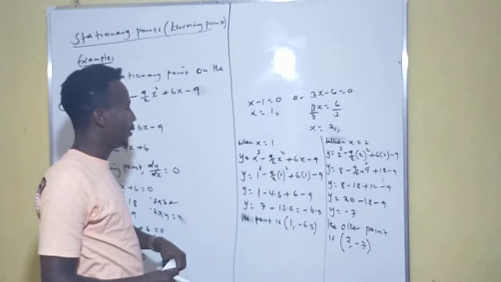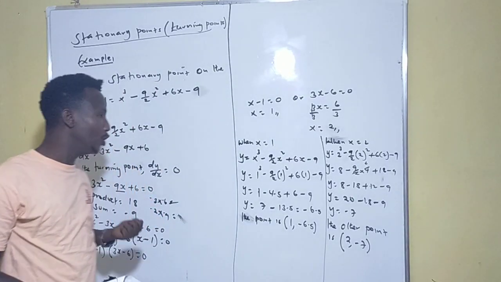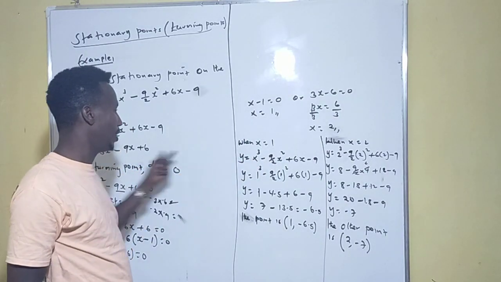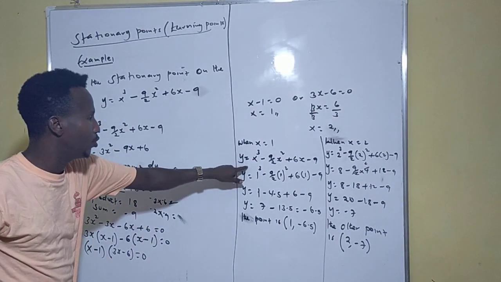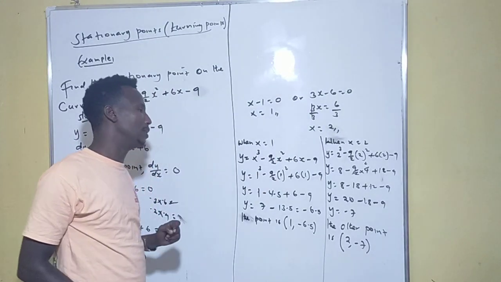Then, remember, you go back to the equation of the curve to get the corresponding value of y. When x is equal to 1, I go back to the equation: y is equal to x to the power 3 minus 9 over 2 x squared plus 6x minus 9.